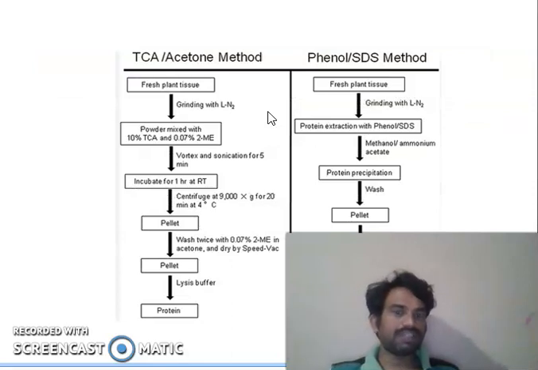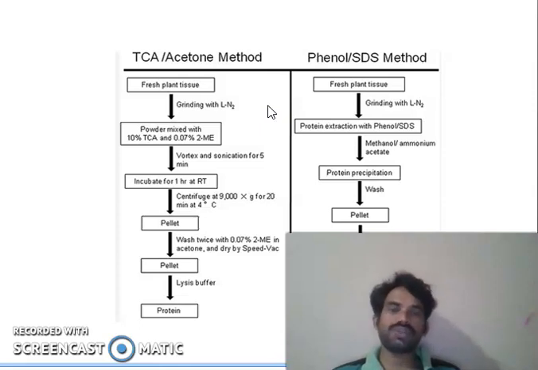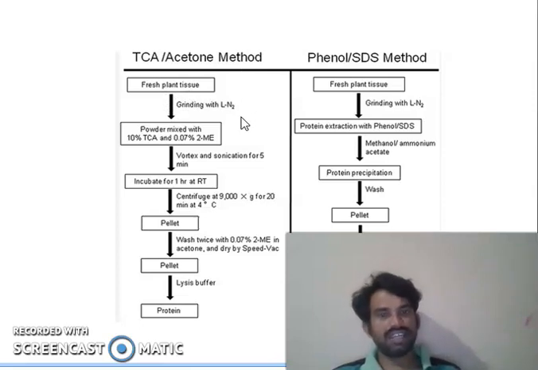Then after, see what the methods are to extract protein initially from plants or any tissue, or other animal tissues: TCA and acetone method, and phenol and SDS method. Take fresh plant tissue, grind it in liquid nitrogen, then mix the powder into 10% TCA, then add any other solvent, vortex and sonicate for 5 minutes, then incubate for 1 hour at room temperature, and centrifuge at 9000 for 20 minutes at 4 degrees Celsius.